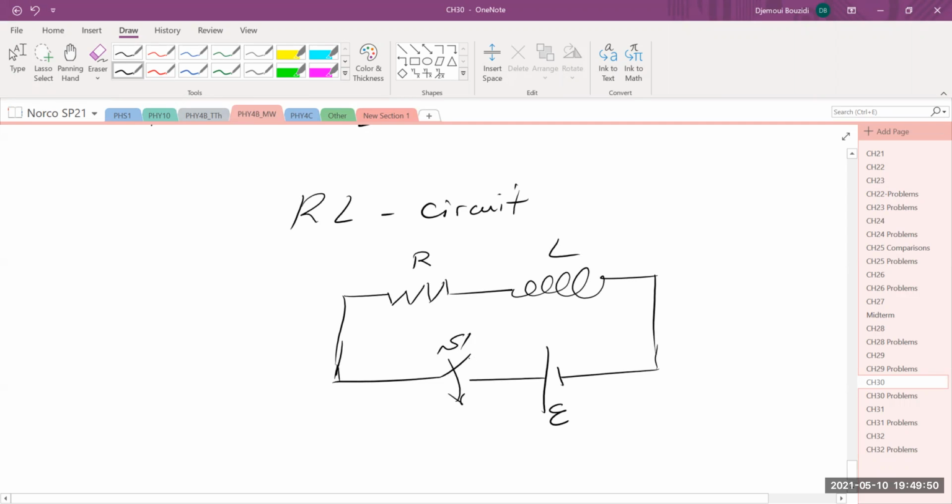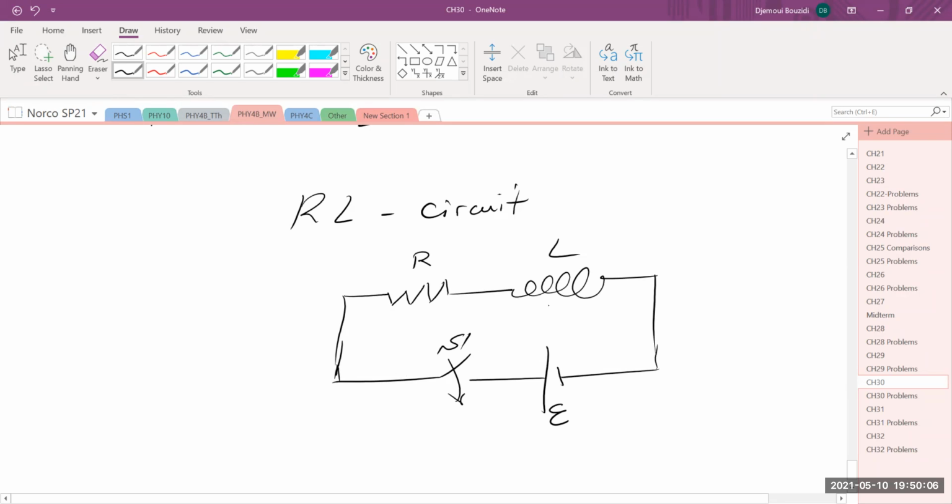So these are the devices that we have in the circuit, and again, we're going to use Ohm's law. There is a problem, there is Kirchhoff's rules. There is a big problem here. We're going to ignore that for right now, but down the road, we will have to develop that discussion.